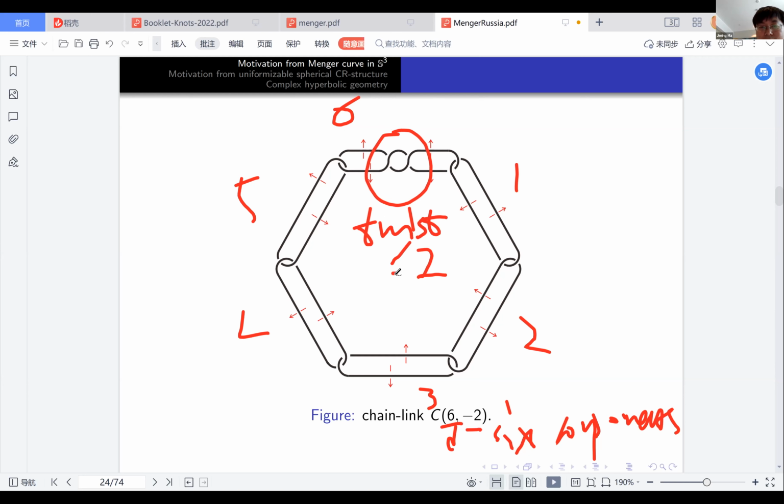And since it is J over 3 code, it should be J over 3, and it is the J over 3 single lattice, J over 3.